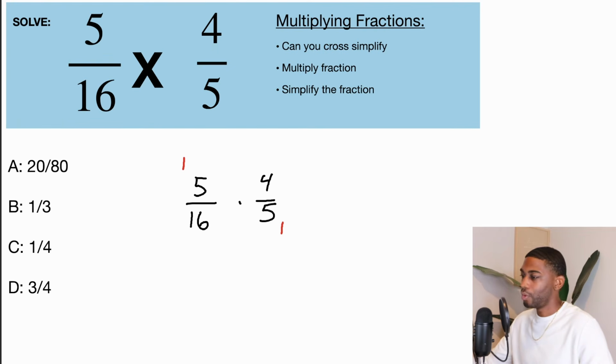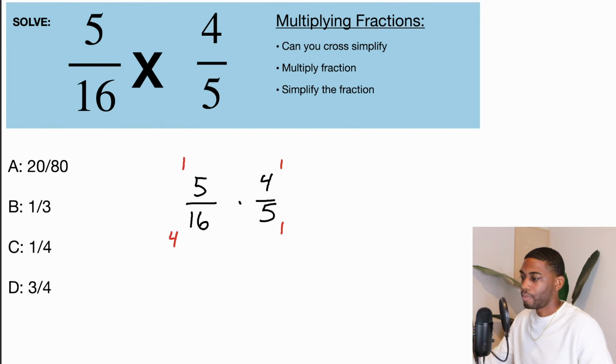And then what number goes into both 4 and 16? 4 itself, right? 4 goes into 4 a total of 1 time. 4 goes into 16, right? A total of 4 times. 4 times 4 is 16, right?